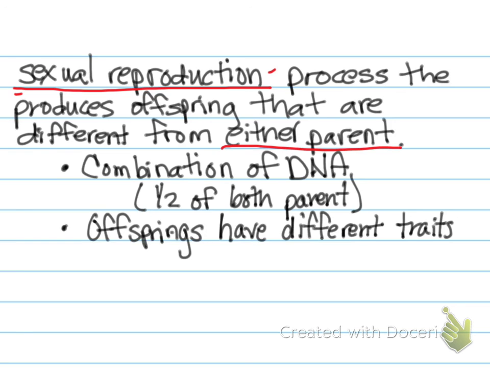With my kids, my husband has curly hair, I have straight-ish hair, and my kids came out with curly hair. So they could have come out with my straight-ish hair or curly hair, and they have curly hair. That's all the bullet points I want to write about sexual reproduction.